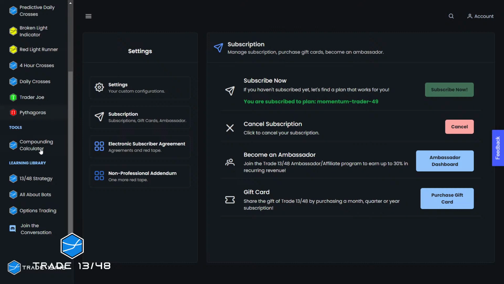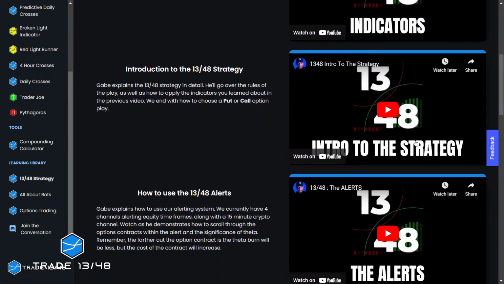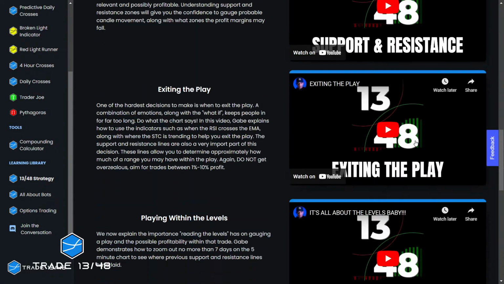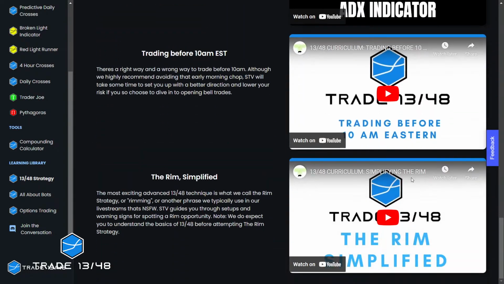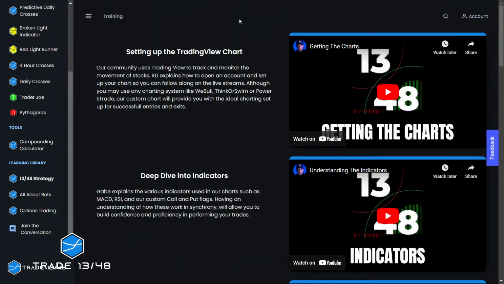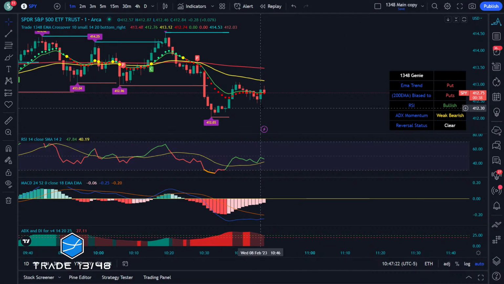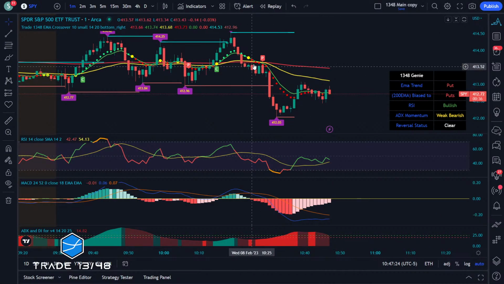And this is why it's uber important that you go through the curriculum, because we spell this out for you. By the time you're done with this, you should have a very firm understanding of the 1348 strategy. And the system simply works, okay? It simply works.